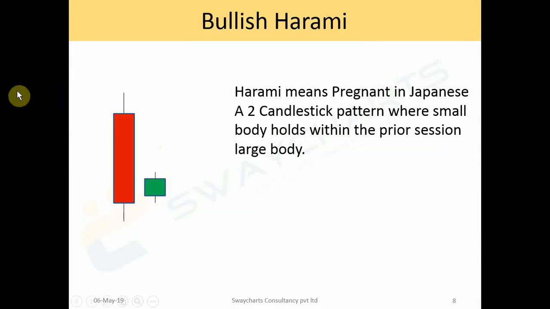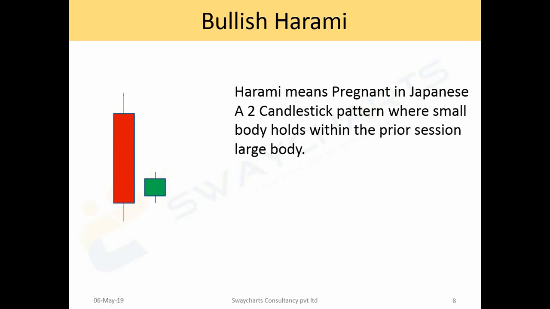In this case, the previous day is going to be a red day, and then there can be a green or a red small candle which is seen as embedded inside this big red candle, which looks like a baby inside the mother, right? And that is the reason why this type of formation is bullish harami.